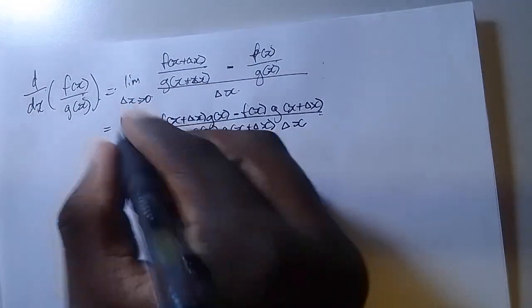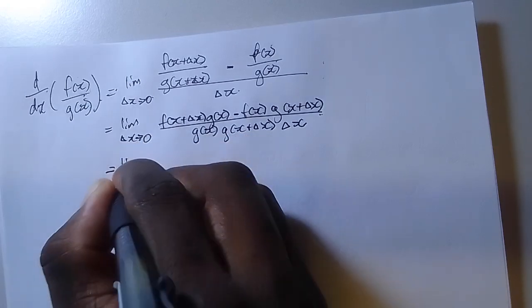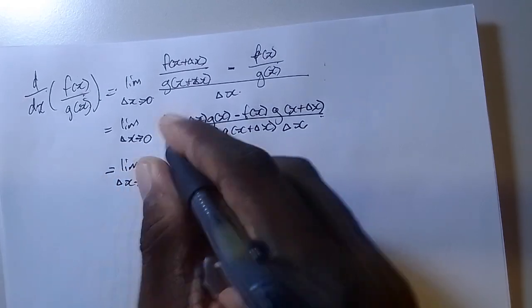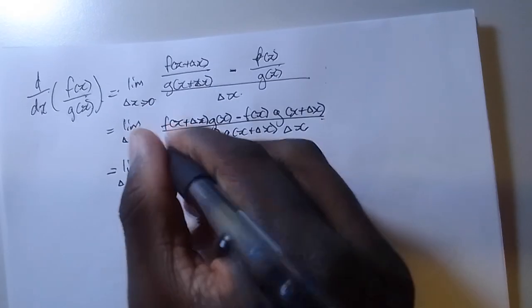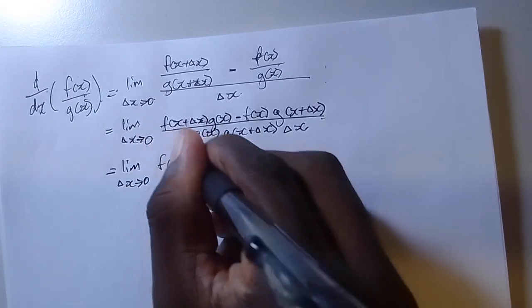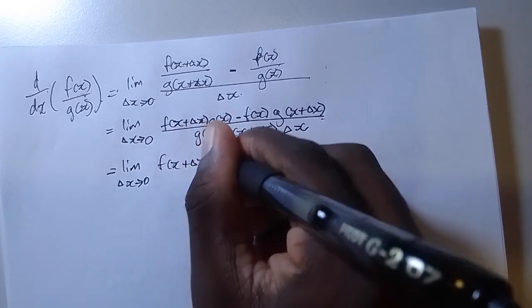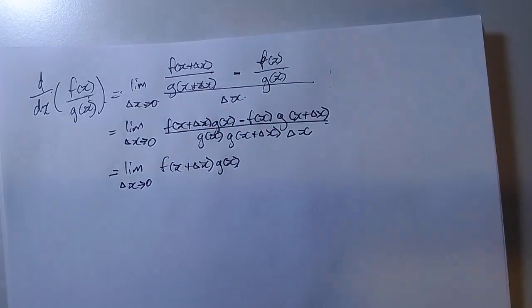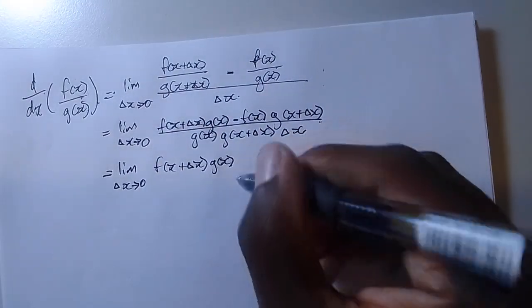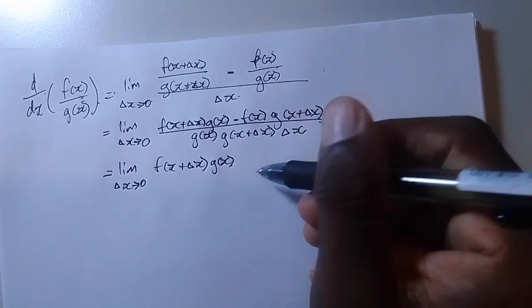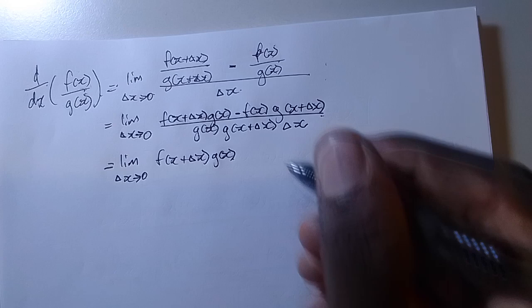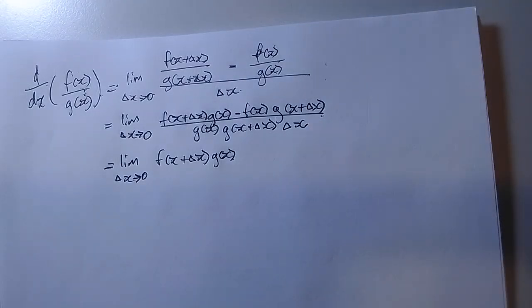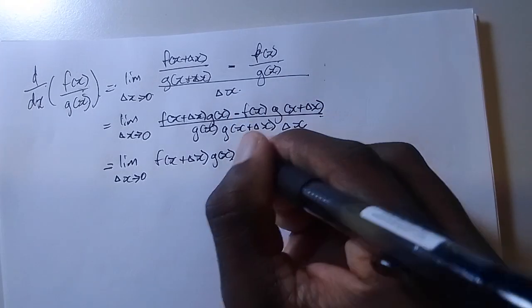Now what we'll do is a little trick we used in the previous video, where we explained how we got the product rule. So we have f(x + delta x) g(x). What we will do is add and subtract something, but compared to the product rule, here we will add and subtract something a bit different.